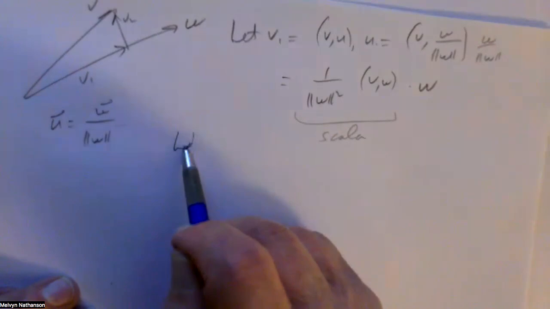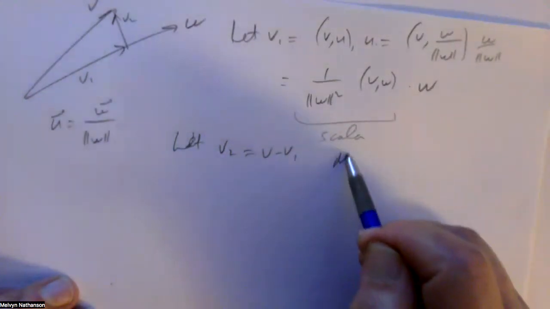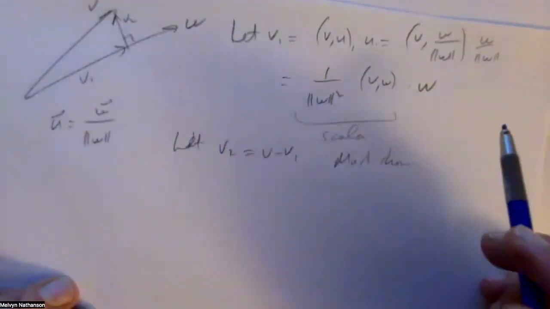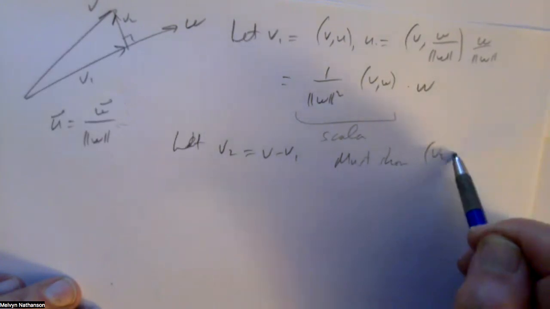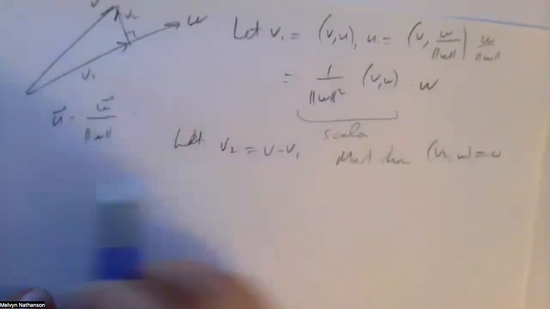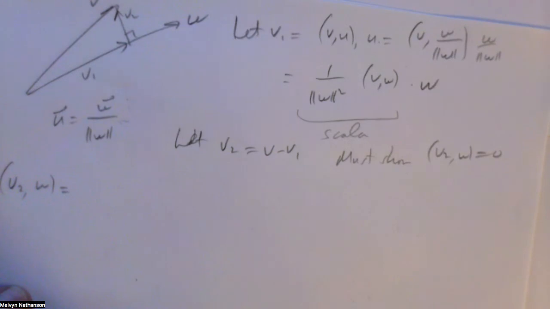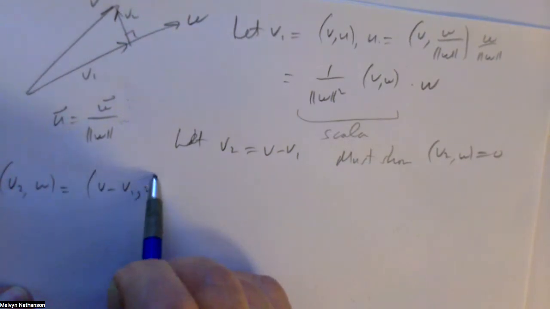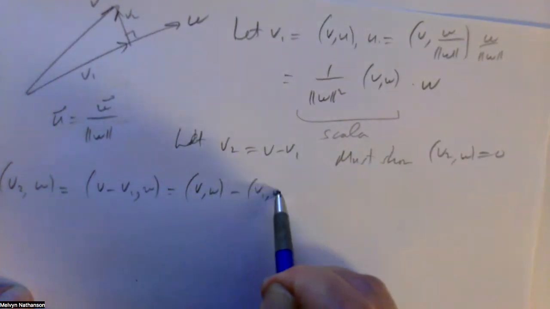I'm going to let V2 be V minus V1, and I must show that V2 is perpendicular to W, that the inner product of V2 and W is 0. So let me do that calculation. The inner product of V2 and W is the inner product of V minus V1 and W. That's VW minus V1W.